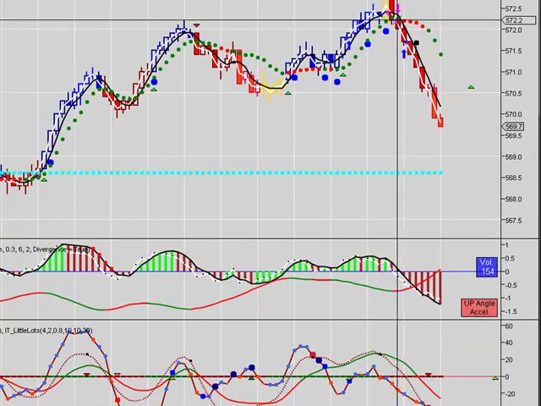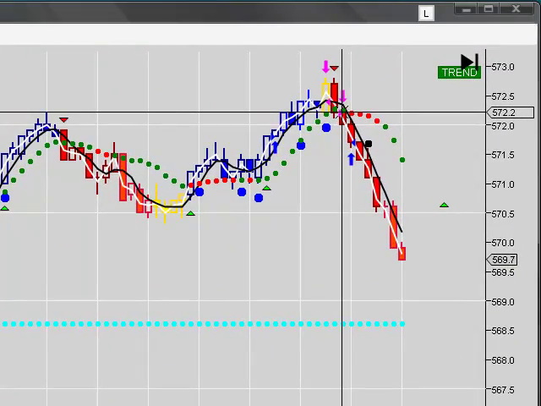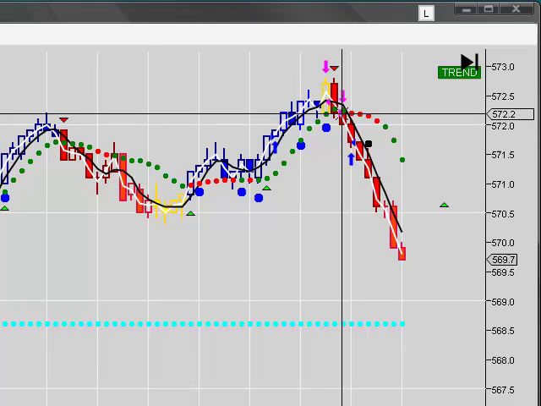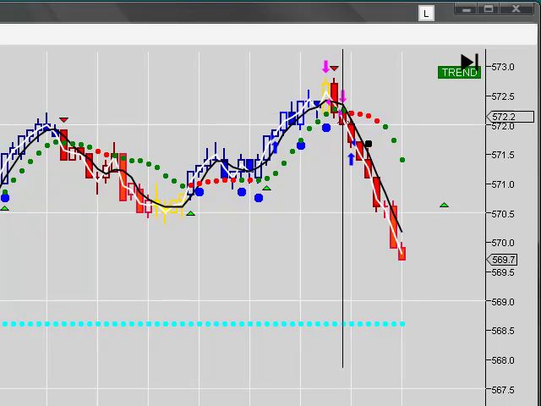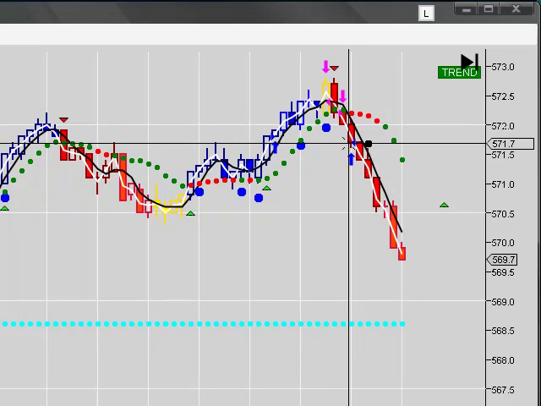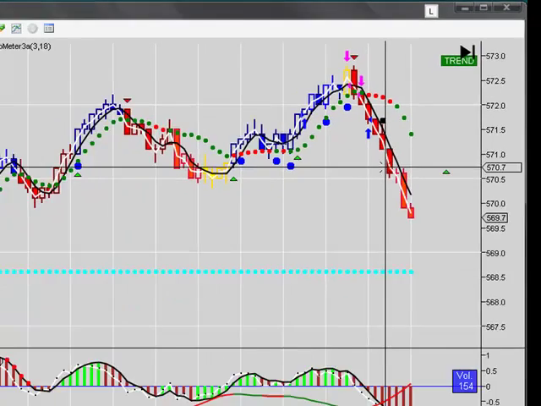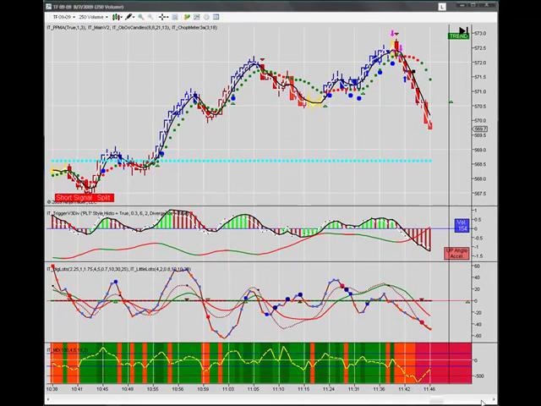The bar closes, take the trade, and for some reason I just had it in my mind that this wasn't going anywhere because we've been moving up, so I just moved my profit target to 5 ticks. And of course it gave me 5 ticks and then just continued on down. So I was a little upset about that.